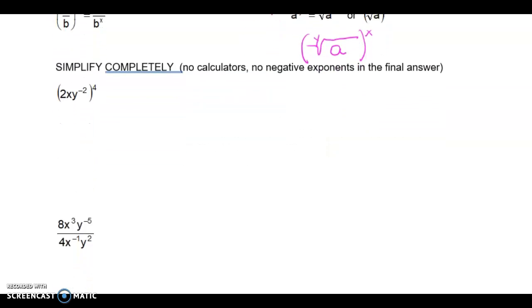Okay, let's see if we can't simplify a couple. Everything in here is going to be raised to the fourth power. So we're going to have 2 to the fourth power, x to the fourth power, and y to a power. We multiply them, so that would be y to the negative 8 power. 2 to the fourth means 2 times 2 times 2 times 2, which is 16.